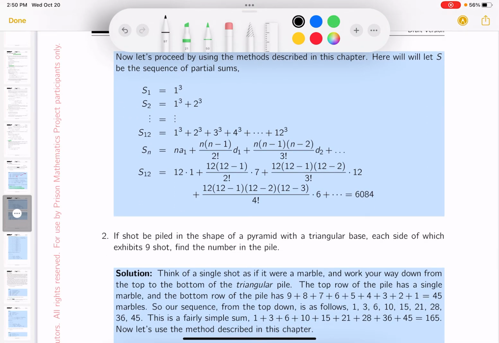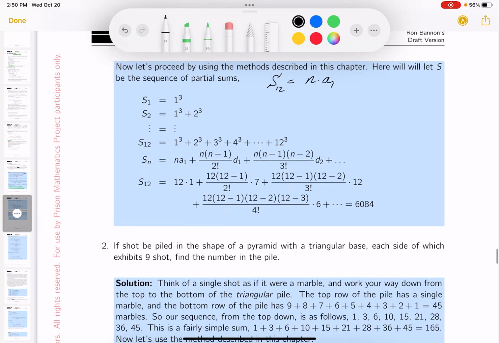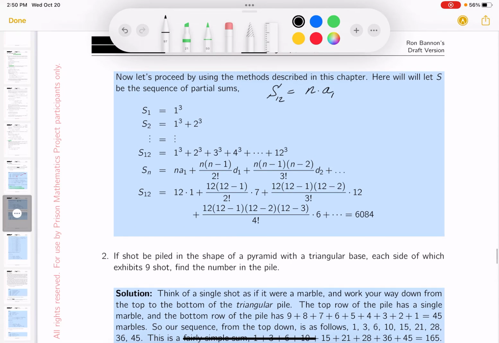And the formula for SN, we'll put the numbers down later, is going to be N times A1. Again, if you can't remember what A1 is, we'll look on the next page to get that. I'm sorry, I don't mean to put S12 down. Let me just erase this. This is also very easy to write down.